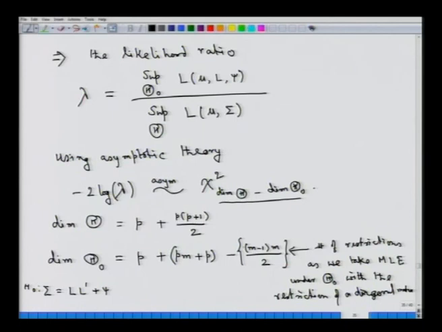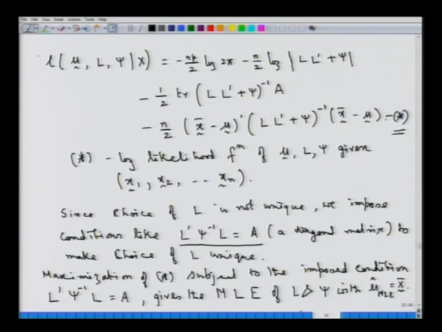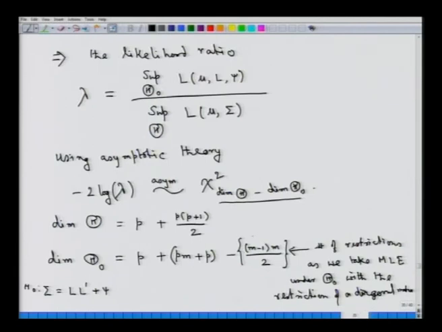Since we have the diagonal matrix of that m by m matrix, you can just go back a little bit. This is basically the restriction that we plug in. So, this L transpose psi inverse L matrix is a diagonal matrix, and hence these are the number of restrictions that we have in computing the maximum likelihood estimators. Hence we have the dimension of script theta as given by this, and the dimension of script theta naught equal to this. So, there is no problem in computing the degrees of freedom of this central chi-square, which is the asymptotic distribution of minus 2 log lambda.